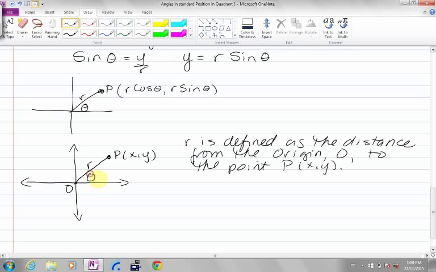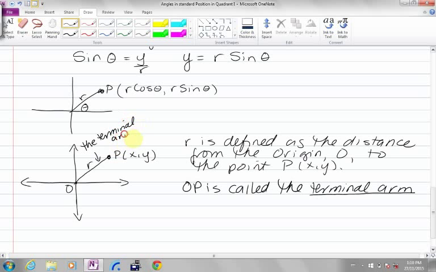Now, OP is called the terminal arm. And P is called the terminal point. That's in relationship to angle theta.